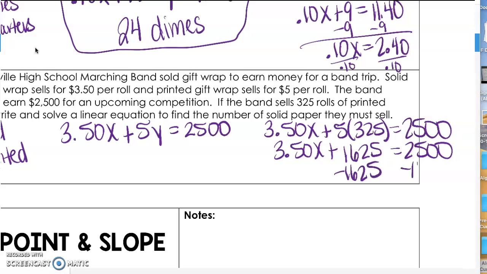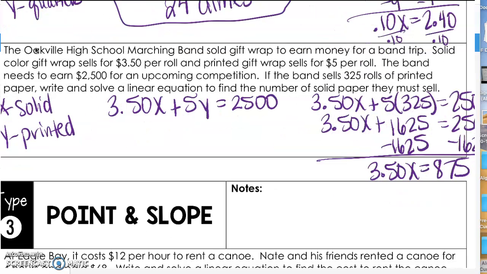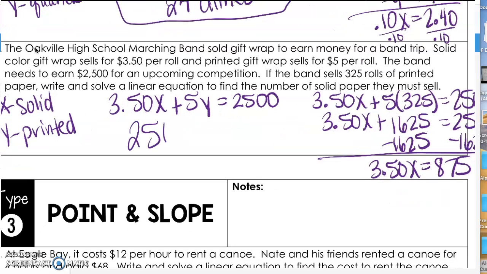Subtract, and we end up with 3.50x is equal to 875. So then divide by 3.50, and we get 250 rolls of solid paper would be your answer. So again, you need your equation that relates your two different objects, and then your answer to the question.